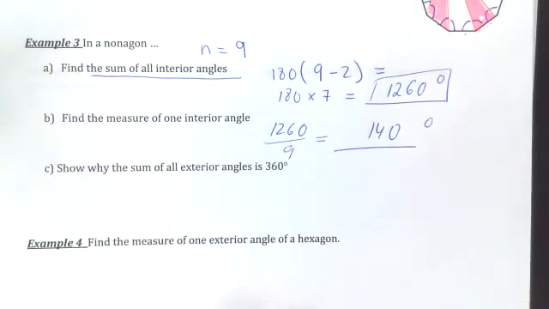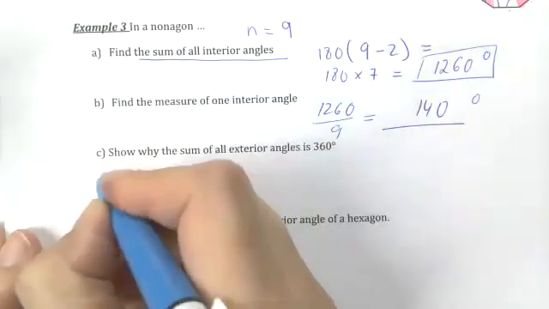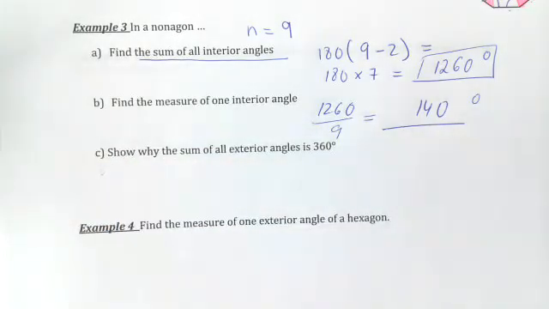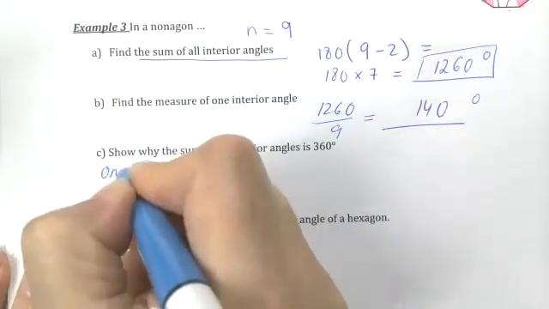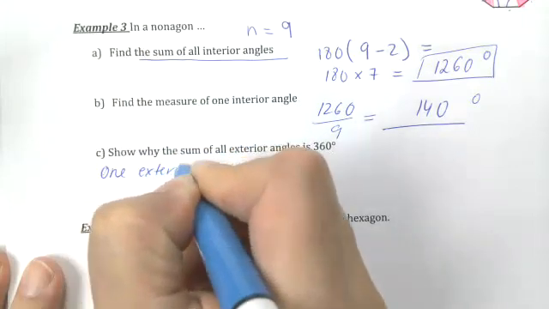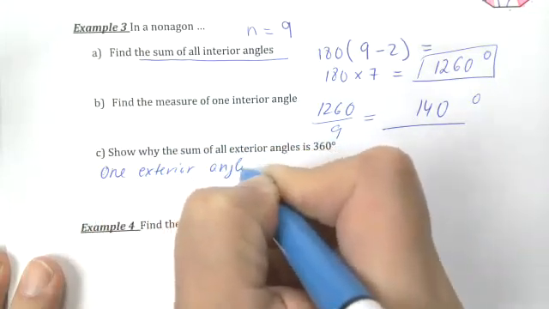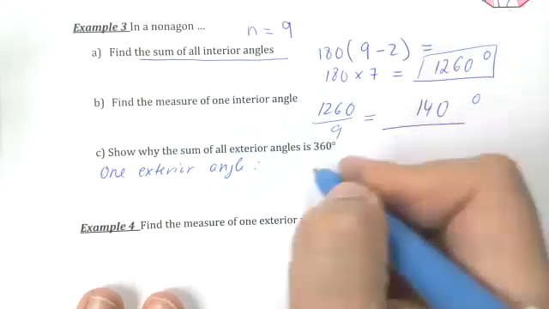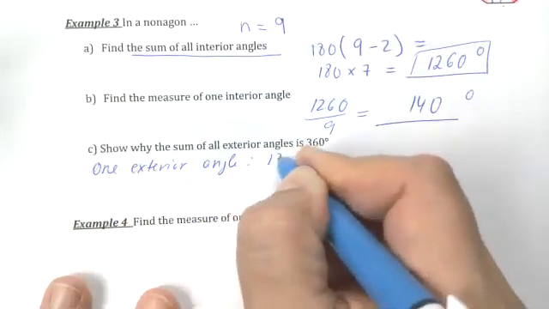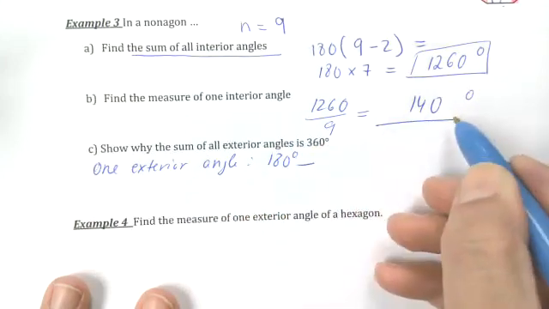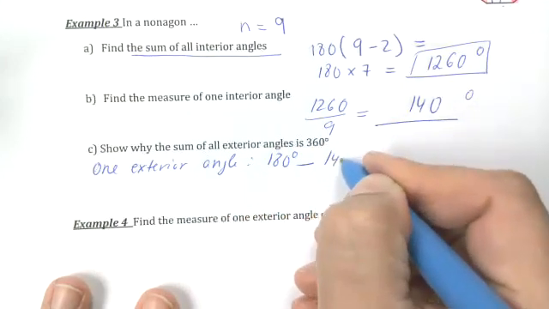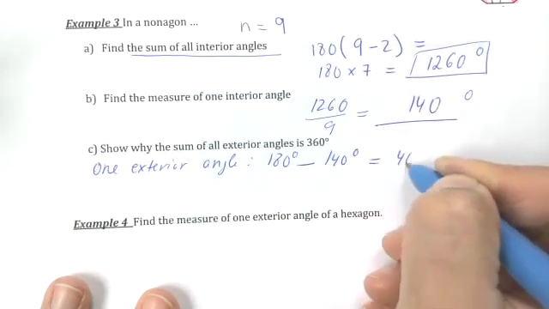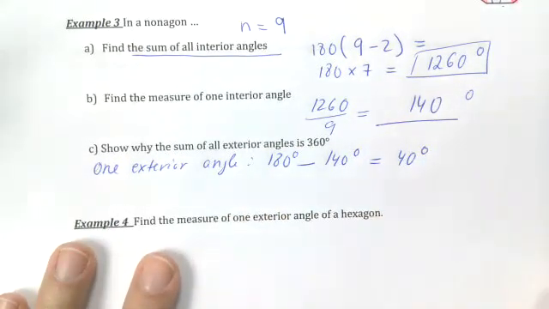Show why the sum of all exterior angles is 360. So let's show that. Okay, let's show one exterior angle first. How do I get the one exterior angle? That's right, because they are supplementary, right? So one exterior angle measurement, 180 degrees, minus the interior one, 140. So we get 40 degrees for one exterior angle.